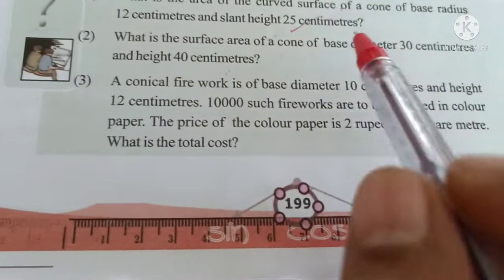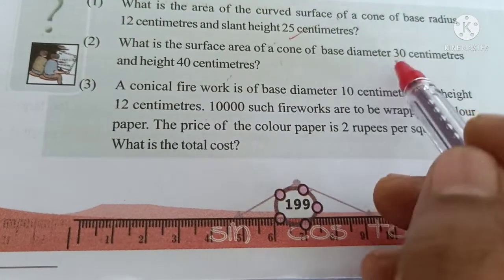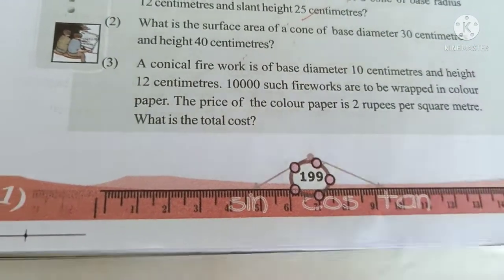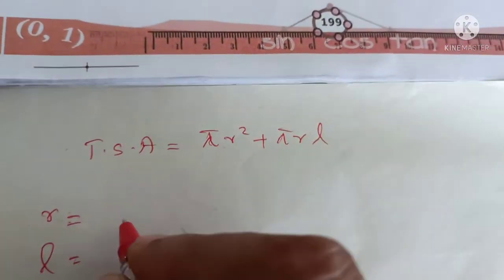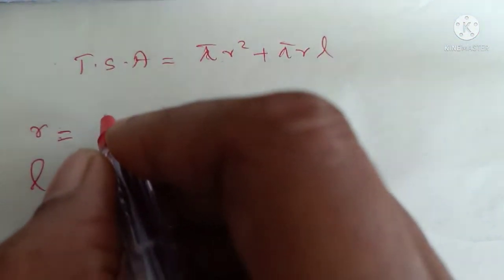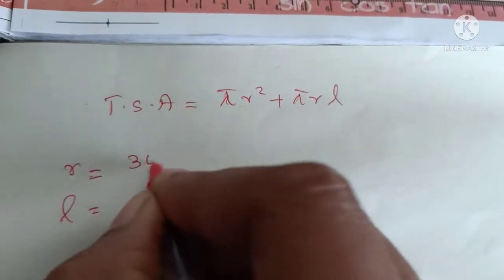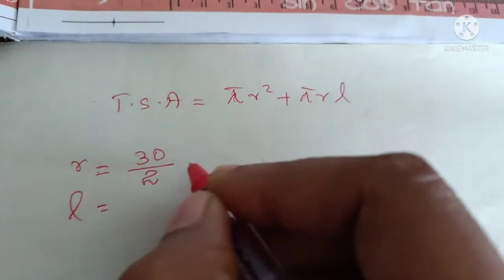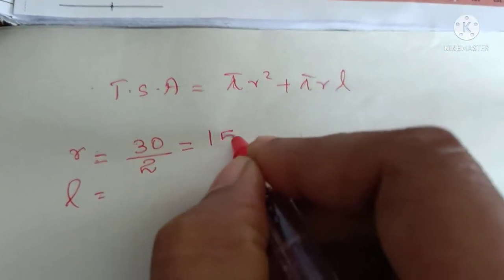The base diameter is 30 centimeters. Then what is the base radius? Radius is half of the diameter, 30 divided by 2, so that is equal to 15.